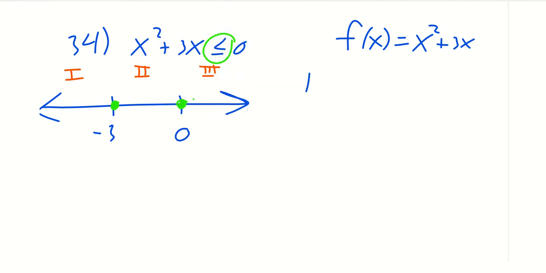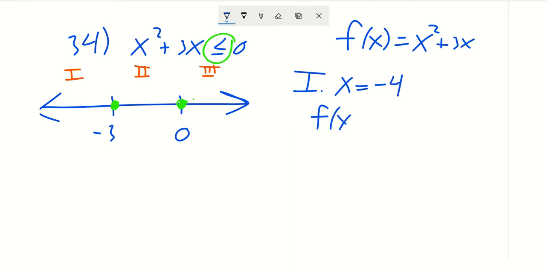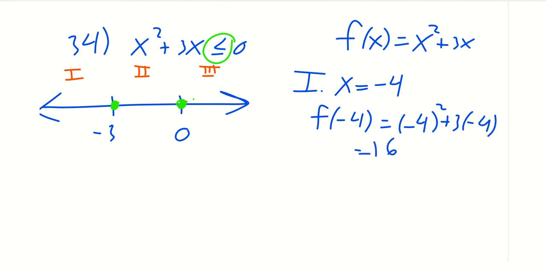In region 1, perhaps we could use the test point x equals -4. We plug it into the function like this. F of -4 is equal to -4 squared plus 3 times -4. That's going to be 16 minus 12, which is positive 4. So in region 1, f is positive.